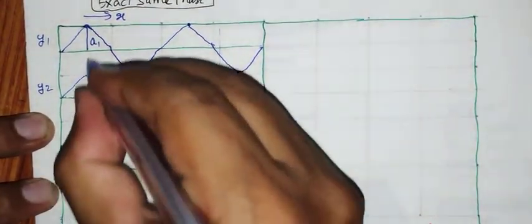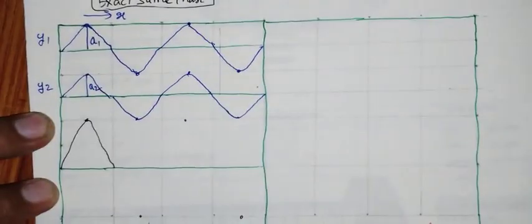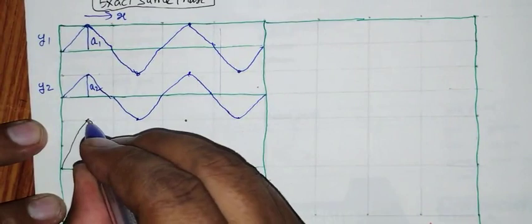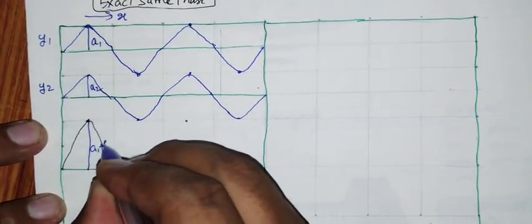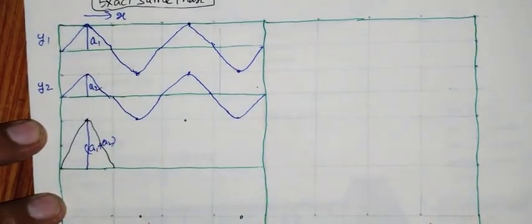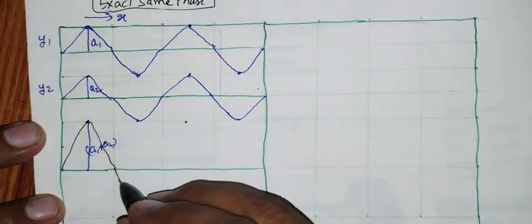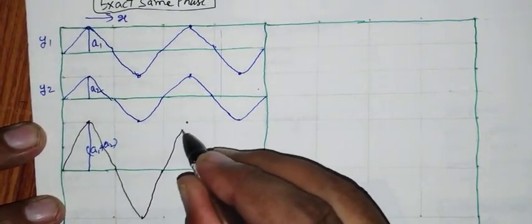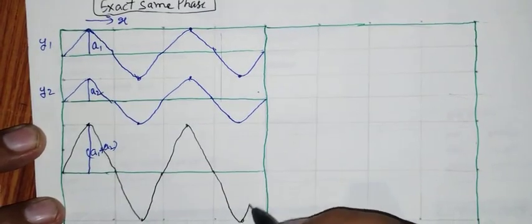If A2 denotes the amplitude of the second wave, in that condition the total amplitude becomes A1 plus A2. Similarly, the complete wave becomes like this.